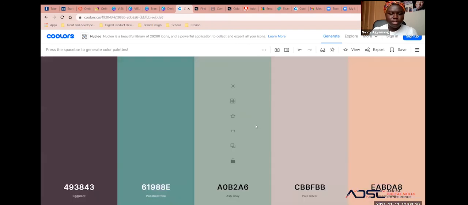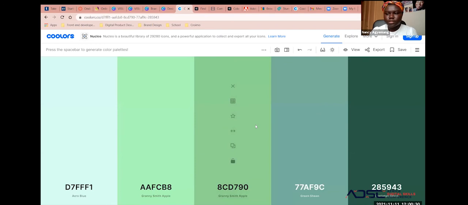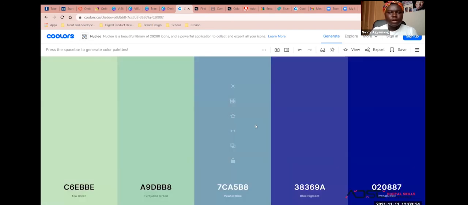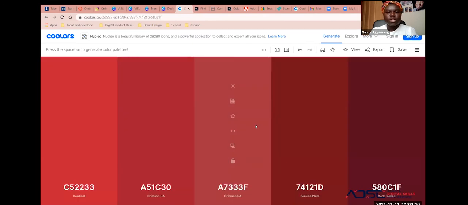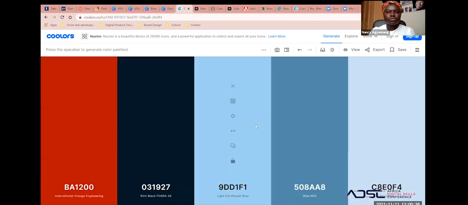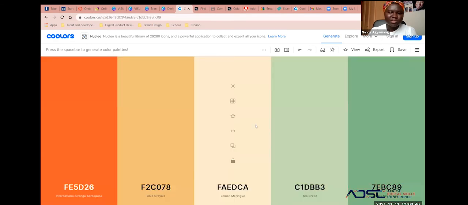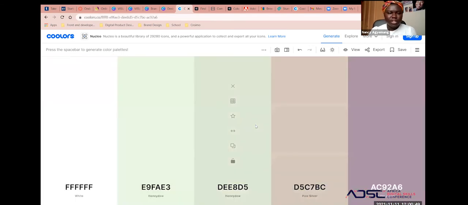You can click the space button on your computer to switch between the different color palettes to find the one that suits your brand. So if you are starting out and you're not sure how to choose colors, you can always go with some of these color palettes. Then also use your discretion to know that this works or this might not work for the brand.